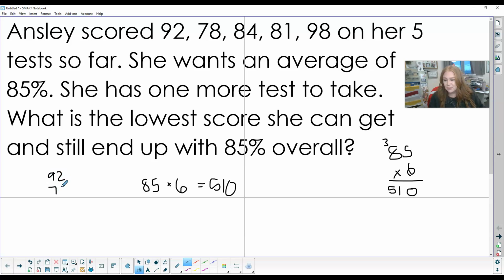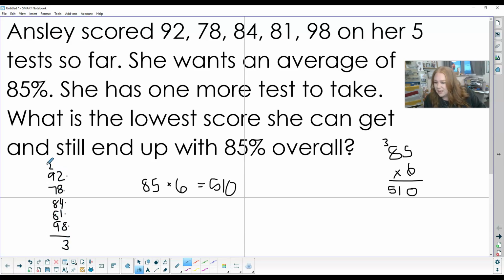So we've got 92, 78, 84, 81, 98. So here is 16 plus 4 is 20, 22, 23.